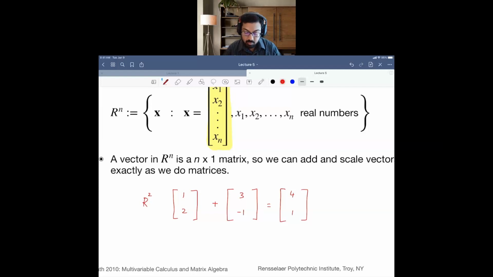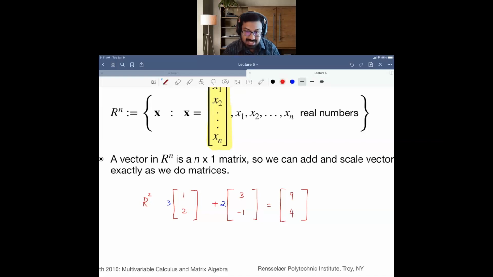And similarly, if you wanted to scale vectors, we could do that as well. Suppose I scaled the first vector with 3 and the second vector with 2. What am I going to get? I'm going to get a scaled version at the output, right? I'm going to get over here 3 plus 6, 9, and then 6 minus 2, 4.